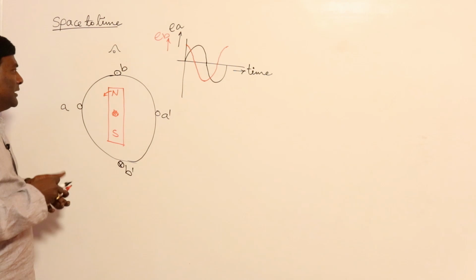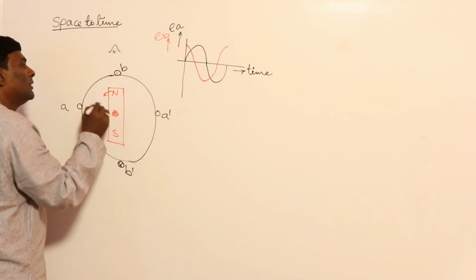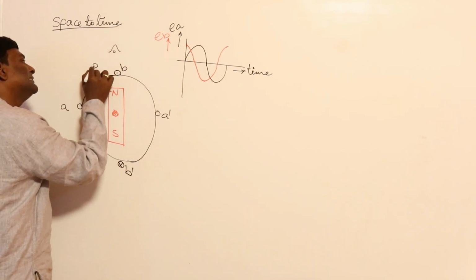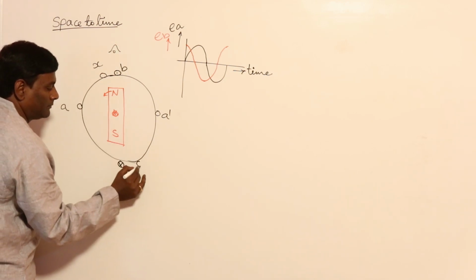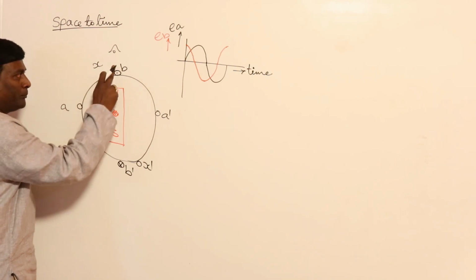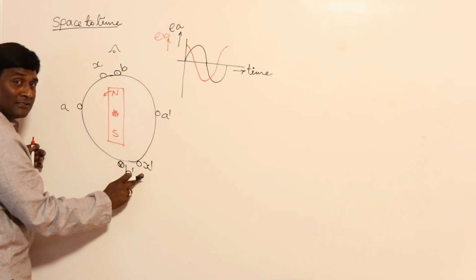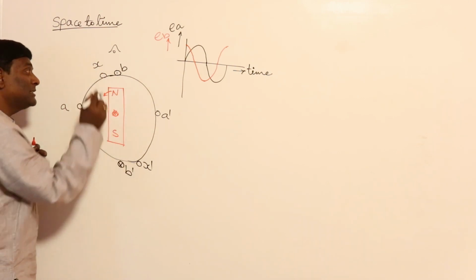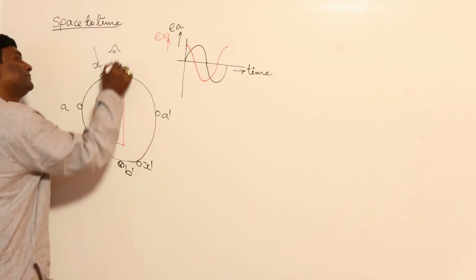For example, if I have one more conductor, maybe here this is x, here x dash. So these b dash and x dash are space displaced by, for example, some theta.